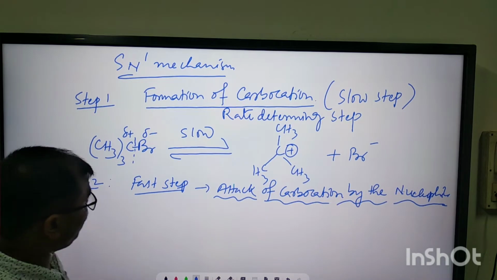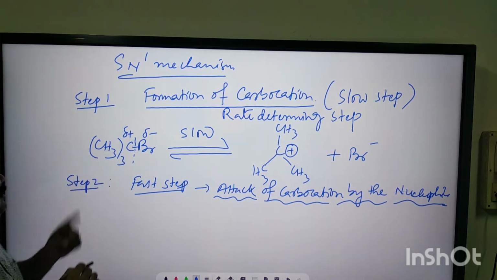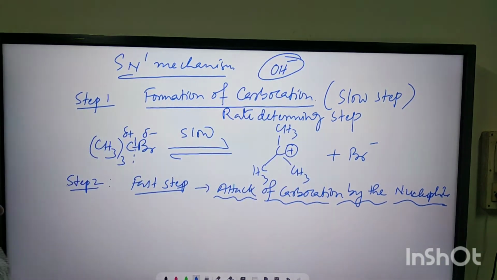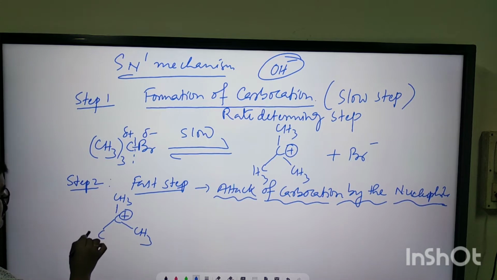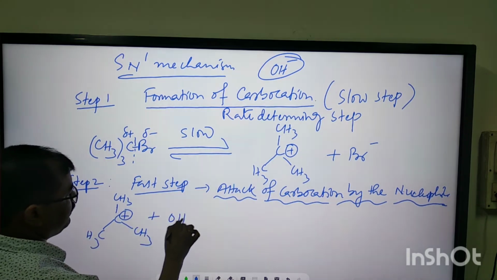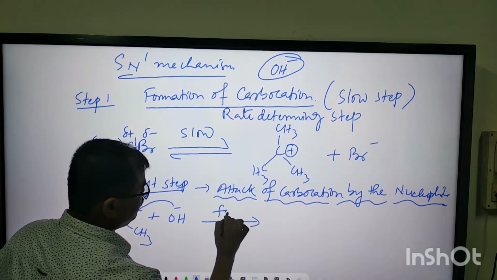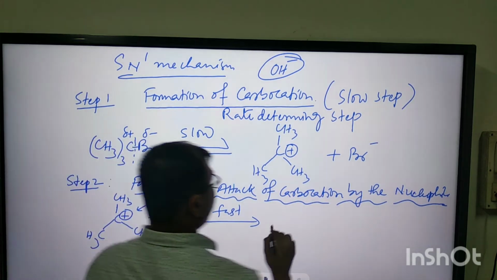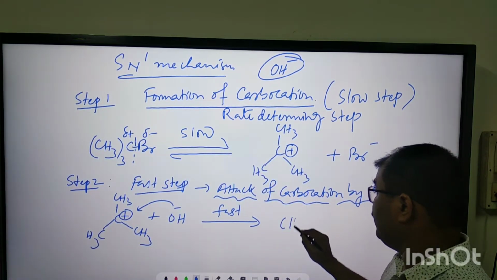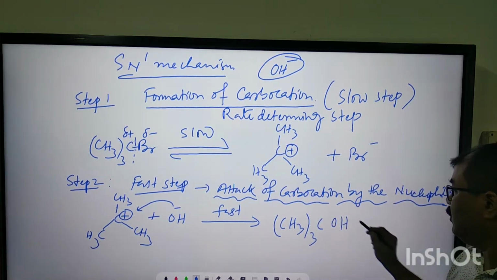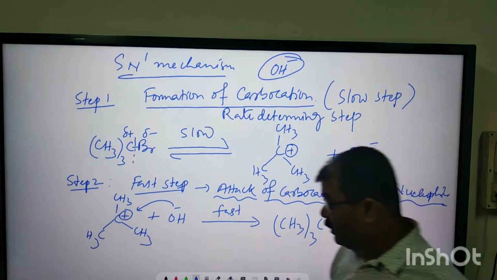As soon as the carbocation forms, the nucleophile, OH minus, is what attacks. So this tertiary carbocation will be attacked by the nucleophile. This is the process to form the product. What is the product? Tertiary butyl alcohol. This is the product. Okay.